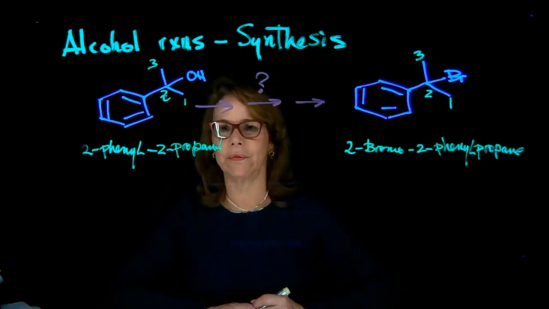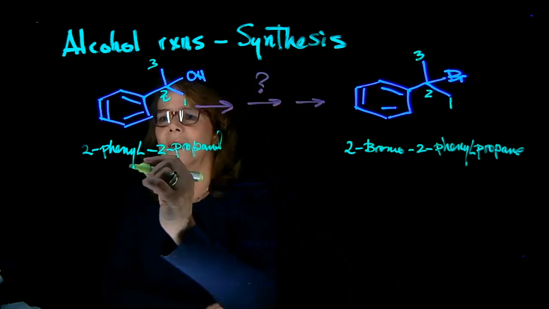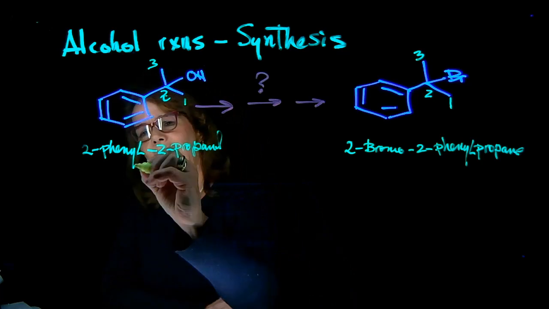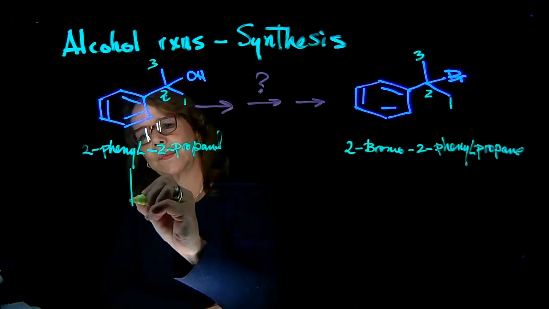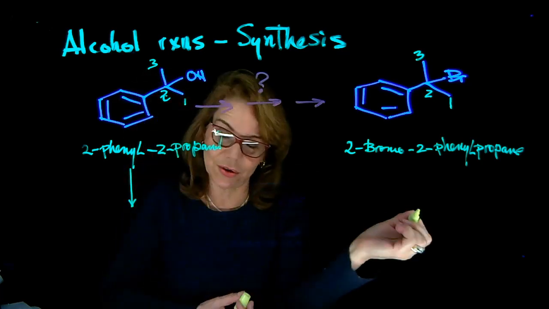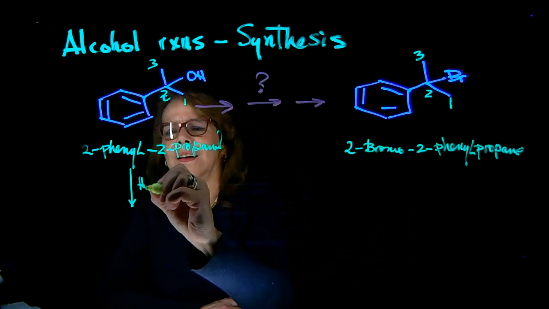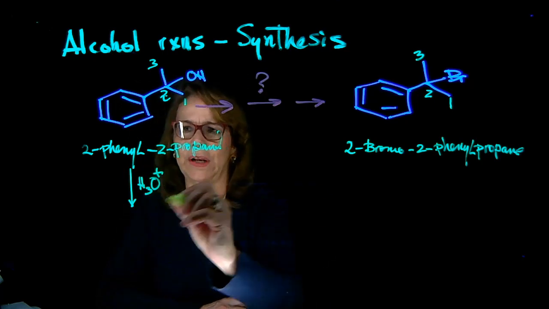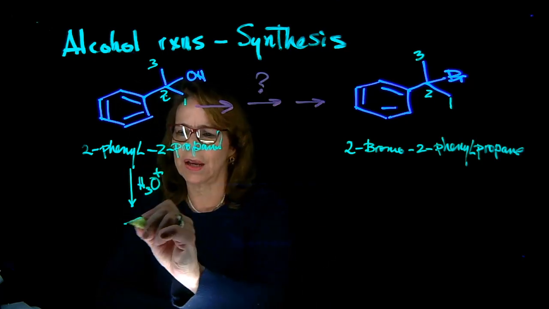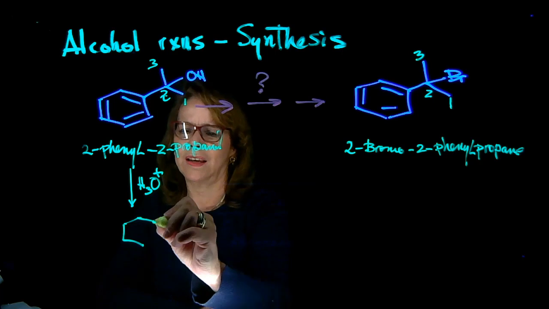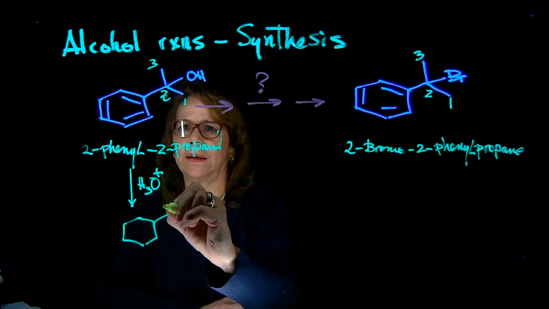One way of doing that is, under acidic conditions, you could simply protonate the OH, and that way you will get a good leaving group.